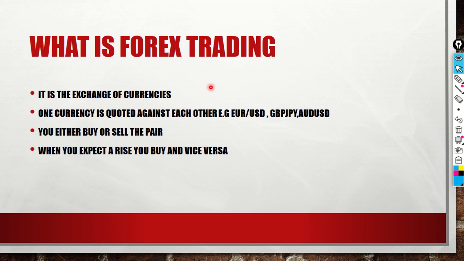When you're doing foreign exchange or forex trading, you need to have two currency pairs. Always two currency pairs will be involved in this, not one. You will have two. So what will happen here is that one currency is quoted against the other.